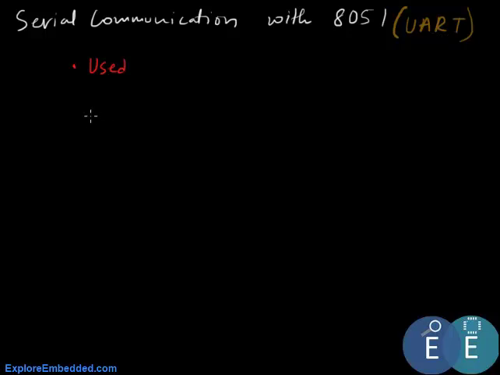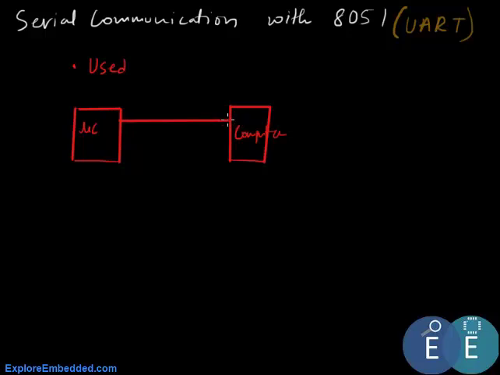So let me just draw a simple diagram here. Say this is a microcontroller, and for simplicity assume this as a computer. If we want to transmit data between these two devices, then we need a line.